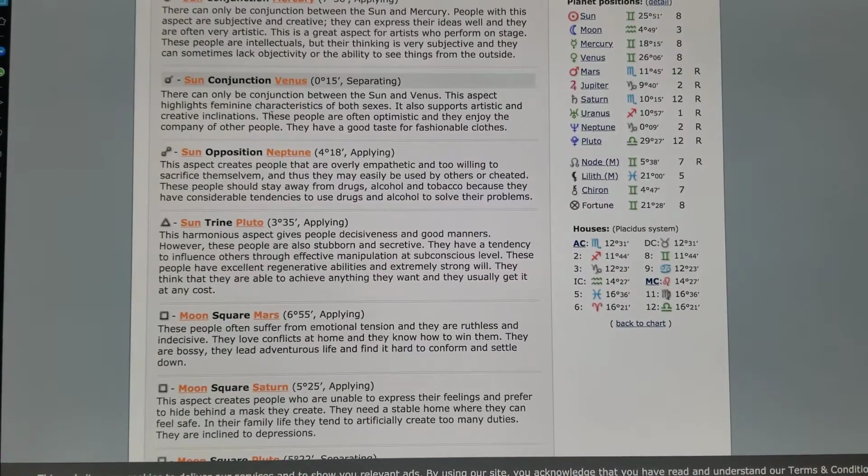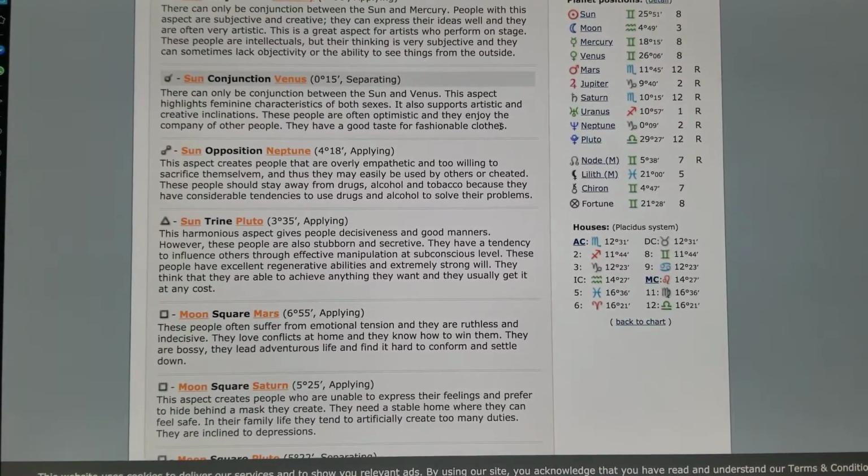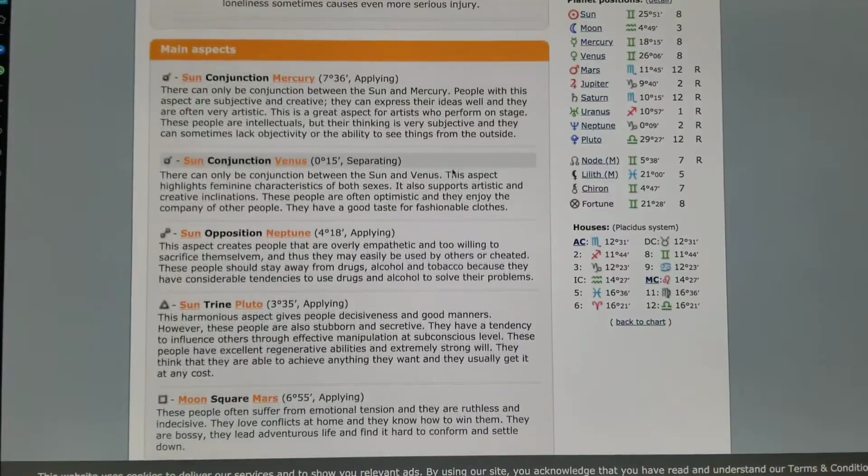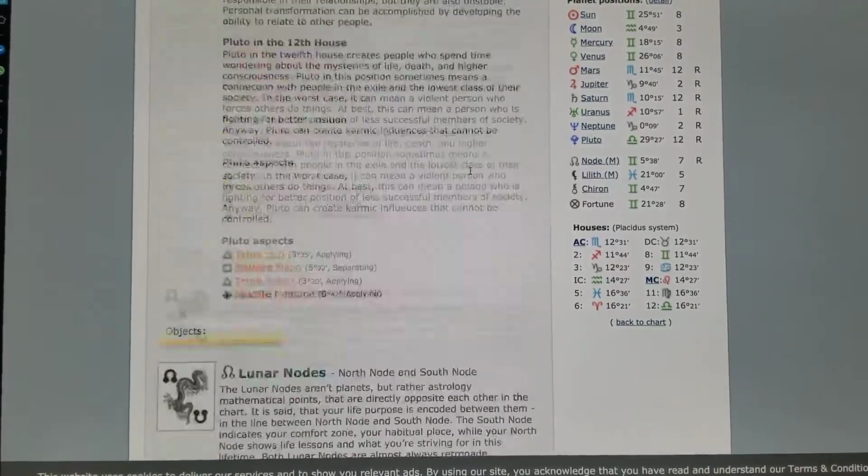That's my formula. These people are often optimistic and they enjoy the company of other people. Yes, sir. I'm a Gemini and I love talking to people. They have a good taste for fashionable clothing. That too, but right now I'm not really into fashion and all that. But I do enjoy it though. So you see, you can get to know yourself by knowing your aspects.